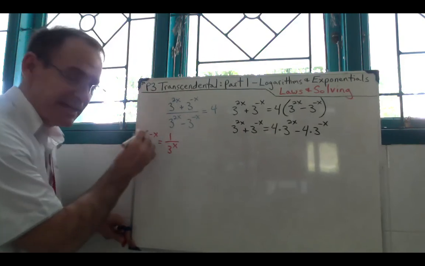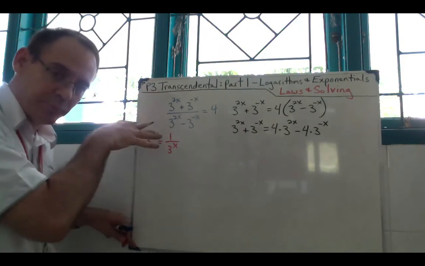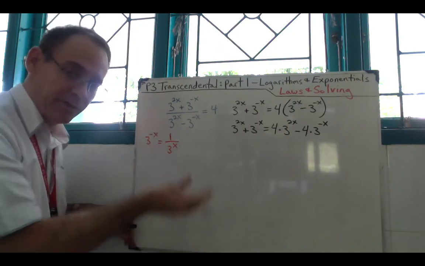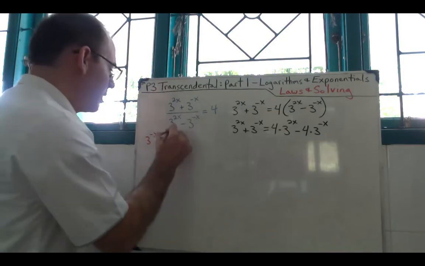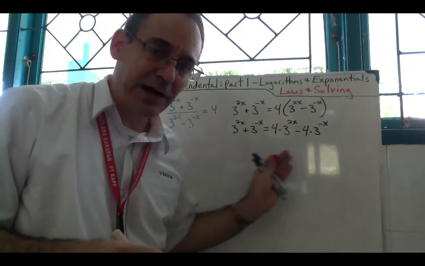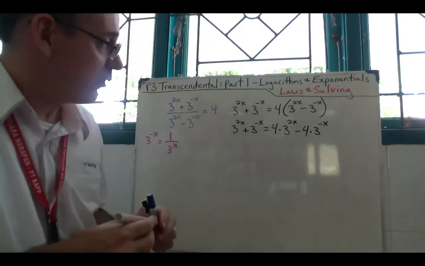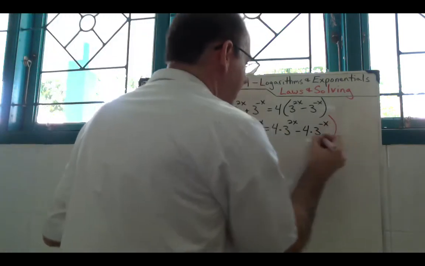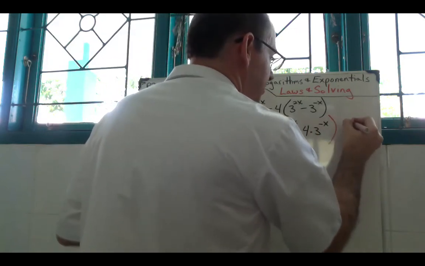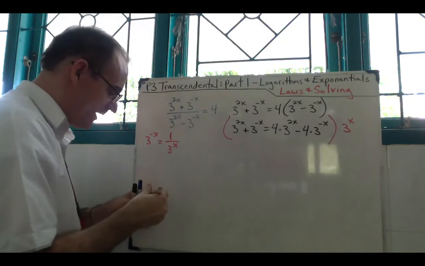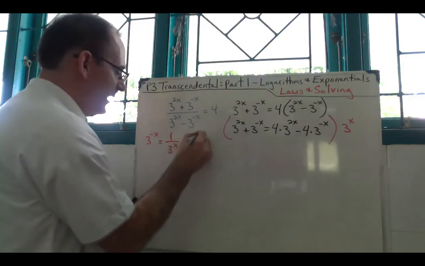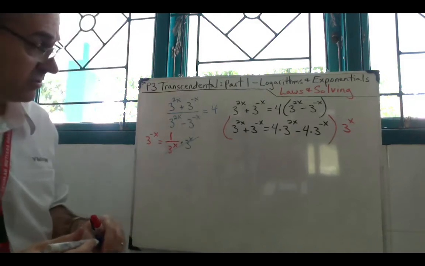Remember your negative exponent rule, it moves it from below the division bar to above the division bar. So you have 1 over 3 to the x. So we have fractions in this equation, so we're going to multiply everything by 3 to the x to make this cancel. Notice if we multiply by 3 to the x, it will cancel those.